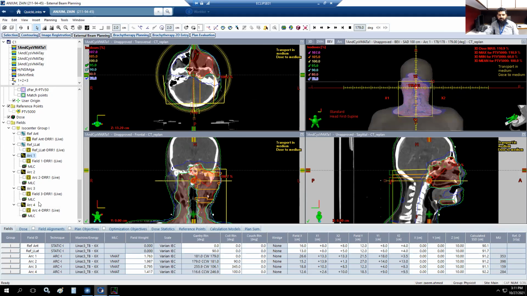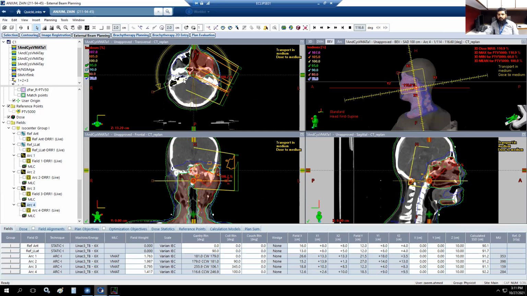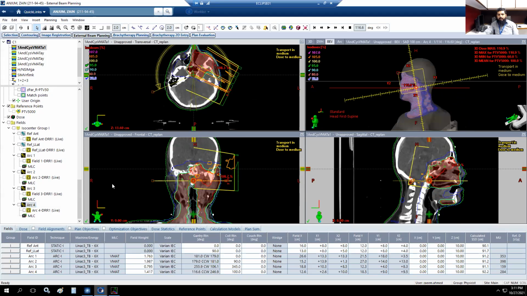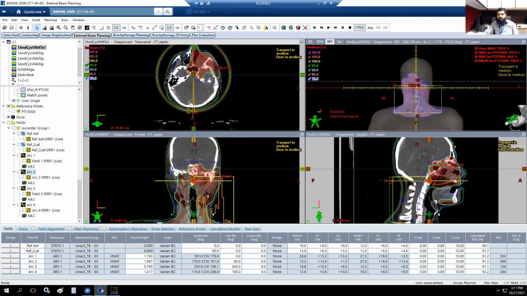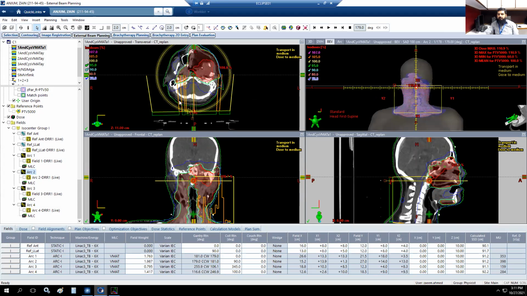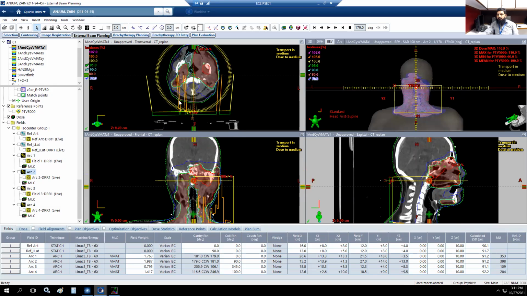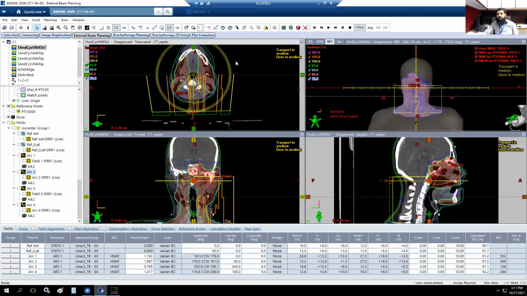We have the partial arcs also for the upper portion, which were defined over here. You can see the projection of the arcs over here, and then we have the complete arcs for the lower portion also. So for that region, we have divided the PTV into two portions for this optimization.